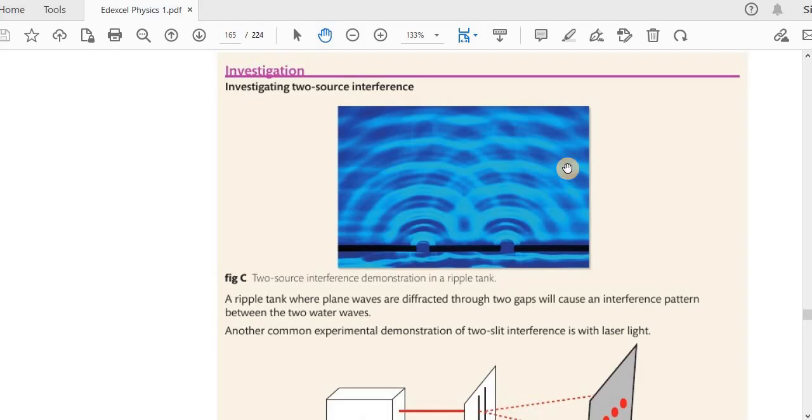So you will have areas where the water is flat, it's neither up or down, and other areas where there are bumps in the water because there is constructive interference there. So you have constructive interference where you have maximum amplitude, which corresponds to the antinode in a standing wave, and then you have areas where the displacement is 0.